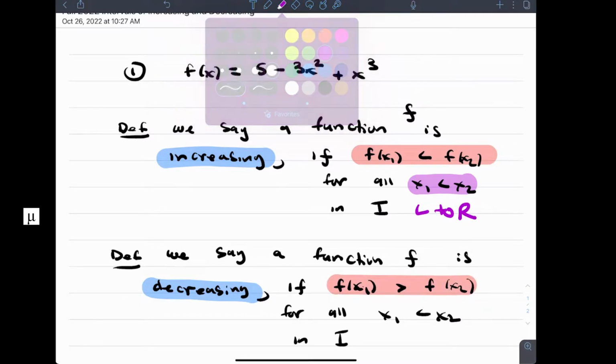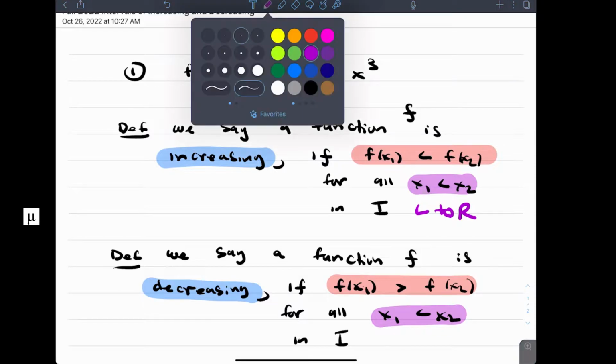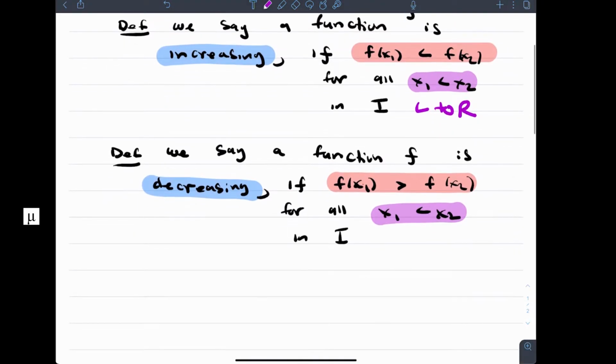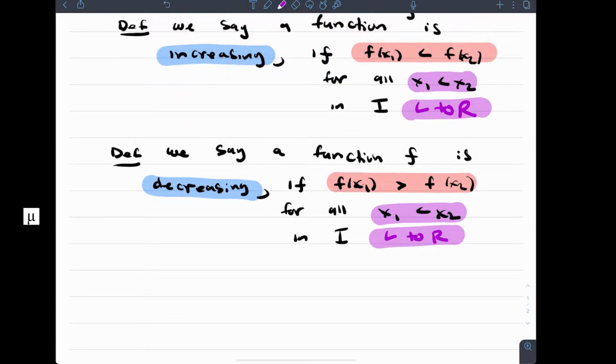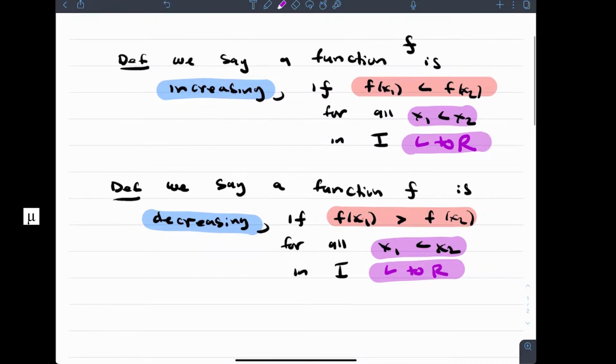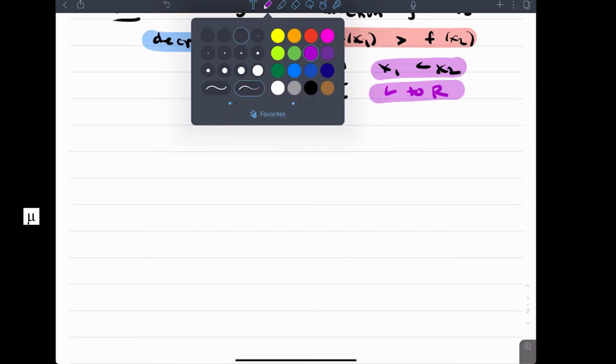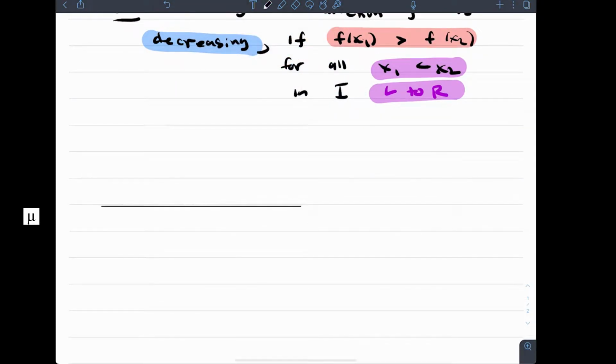You're going to walk how? Left to right. All right, you guys okay with that? That's all that means. Now, if you said to me, can you draw me a picture? I'll draw you guys a picture here. I'm actually going to draw you guys two pictures.